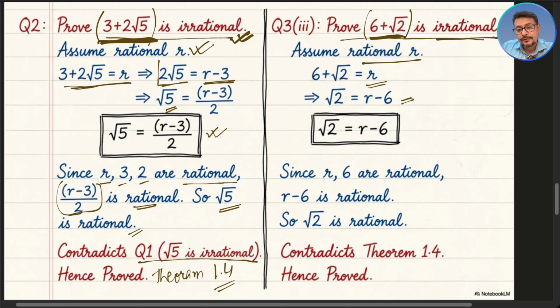Okay, we got root 2 is equal to r minus 6. r is rational, 6 is rational, so both r and 6 are rational, therefore r minus 6 also has to be rational. Therefore LHS is equal to RHS, root 2 also should be rational, but this contradicts theorem 1.2.